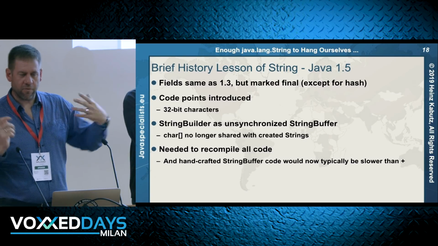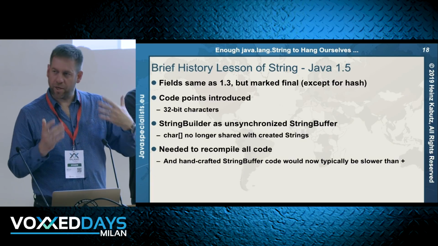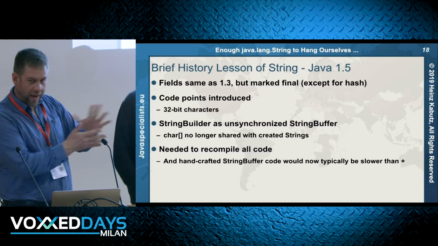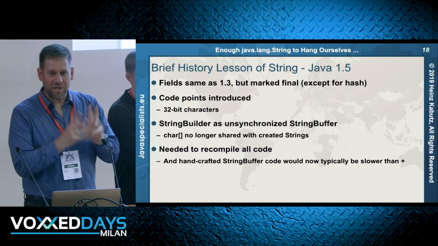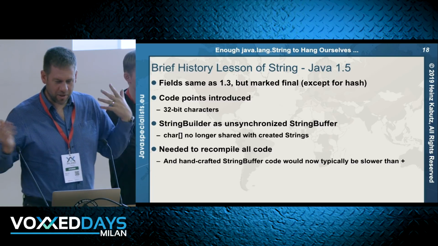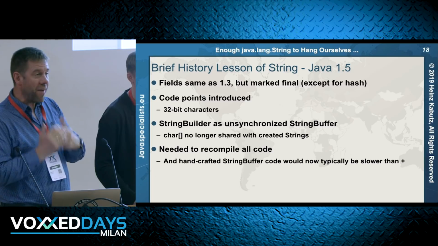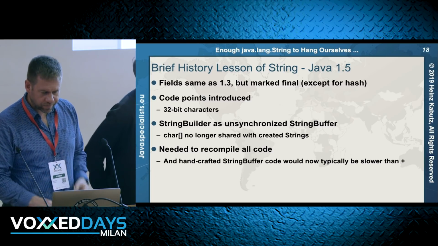I shaved off about 10%, and I made it about 10% faster with that optimization in Java 4. So the problem is that optimization actually wouldn't work from Java 5 onwards, because now it's no longer StringBuffer, it's StringBuilder. So you actually have to go back and change your StringBuffers to StringBuilders and recompile all your code.